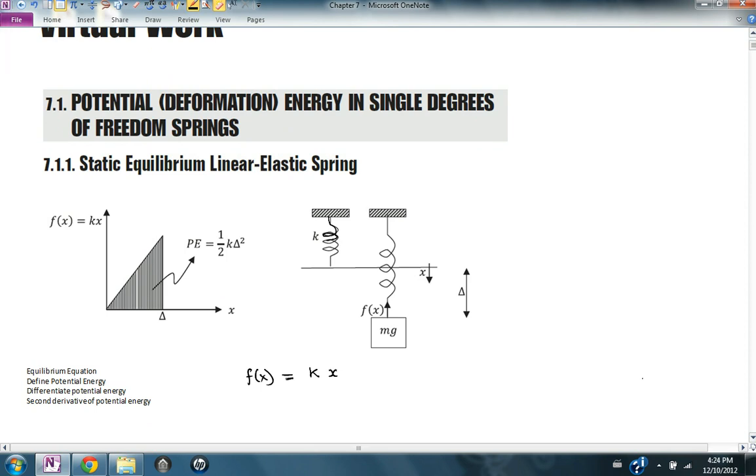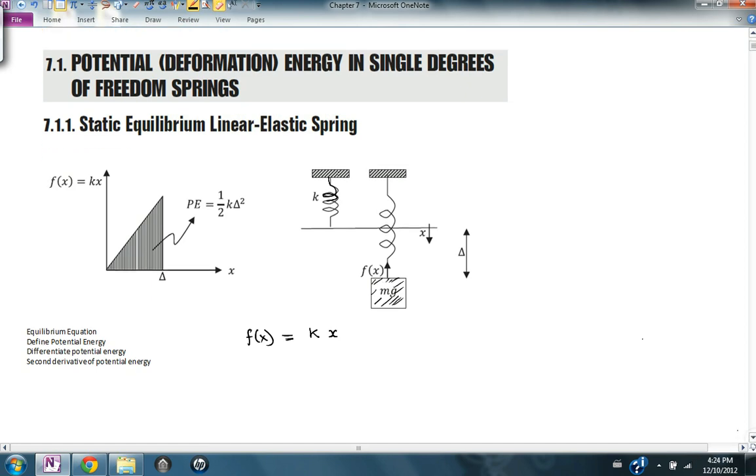We're going to hang a weight equal to mg from the spring and try to understand what happens at equilibrium. So, in general, the force in the spring is equal to k multiplied by x.